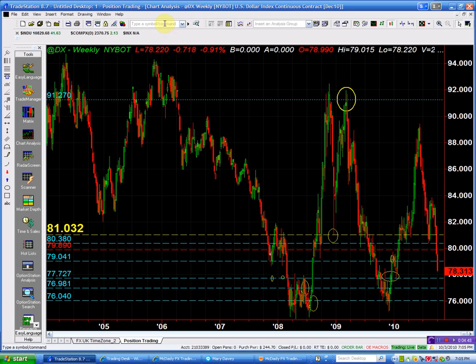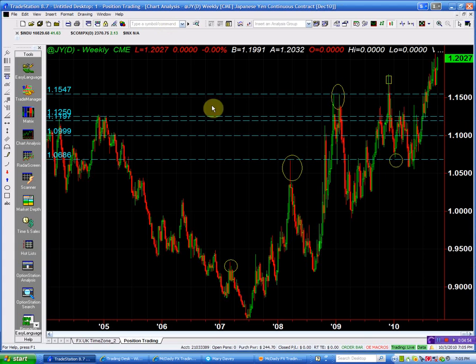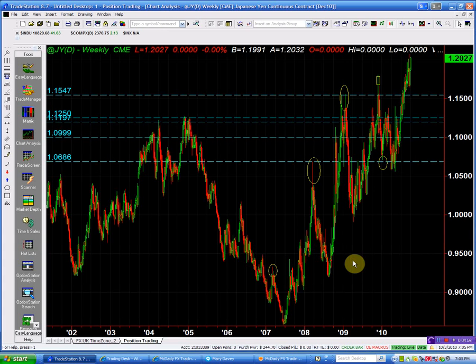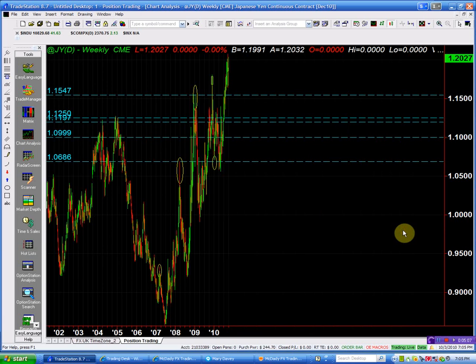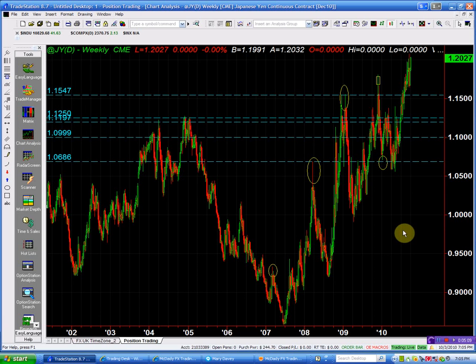The second currency we're going to look at is the Japanese yen, and on the weekly chart you can see that this is primarily the inverse of what we are seeing on the dollar. This is pretty near the all-time high versus the US dollar.